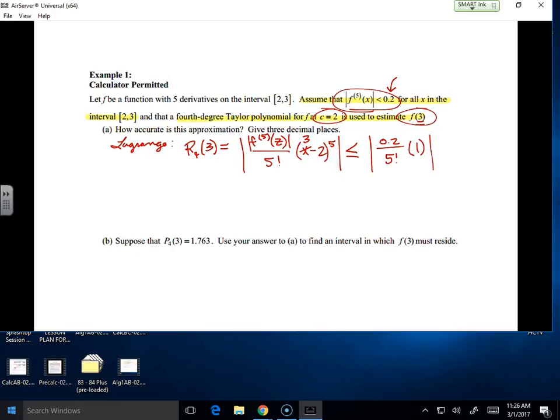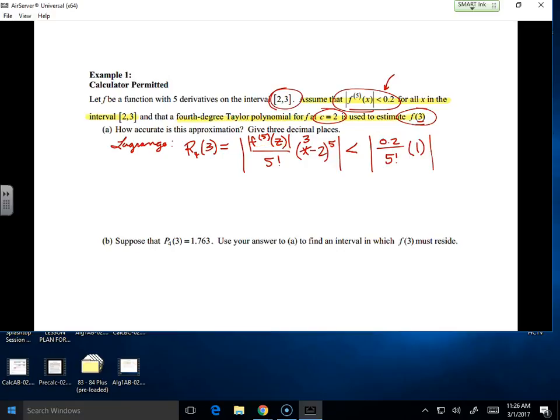I wanted to go back and fix the last example. It should have been or equal to. But the problem is, since they said less than, you are correct in this example, since they gave us the information. They just gave us some random bound to use. We are just going to say less than. That is proper. They told us the derivative is for sure less than, so whatever derivative within 2 to 3 is going to have to be less than that.